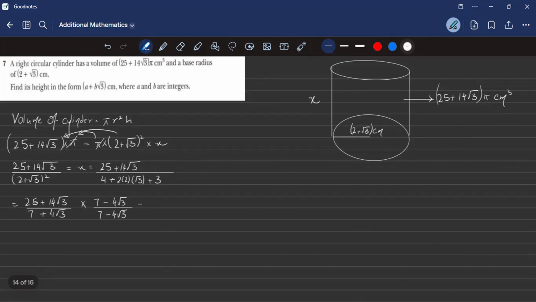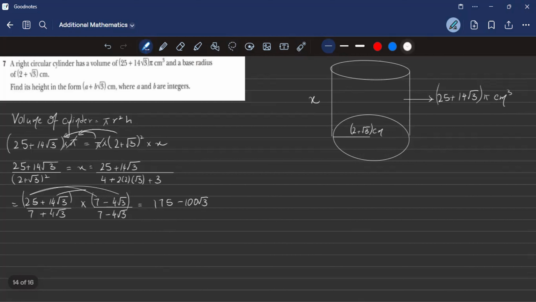So again, I'm going to use my FOIL method here. First value multiplied by the first value. What is 25 multiplied by 7? That's equals to 175. Outer value multiplied by the outer value, which would give us minus 25 multiplied by 4 is 100. So minus 100 under root 3.